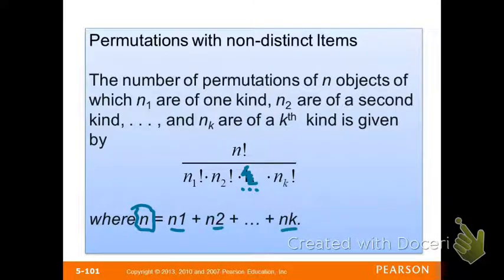Now, this formula is complicated looking, but it's really quite simple. We're talking about non-distinct items of a different kind.